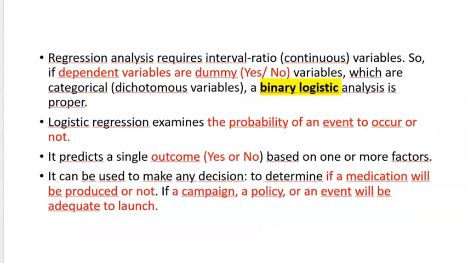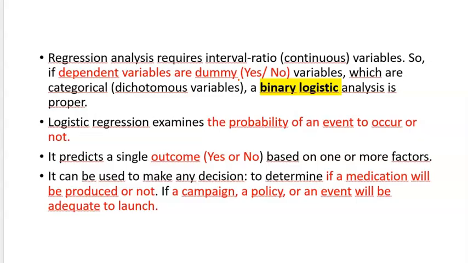And then we have the very frequently used one, the binary logistic regression. This analysis is very much used in the medical sector. When you want to launch a medication, you want to know if you can launch it or not. So it's just a yes or no question, a yes or no dependent variable. We call that a dummy, but it's a dichotomous variable.